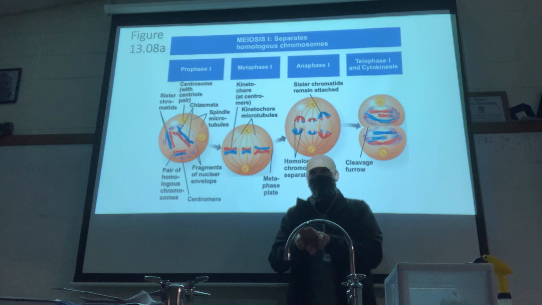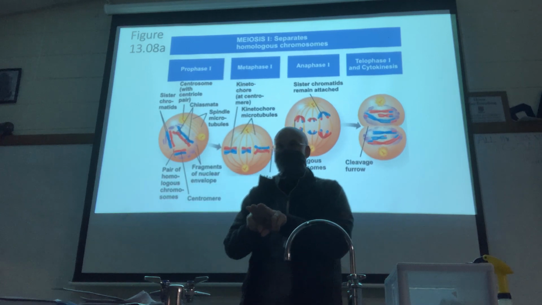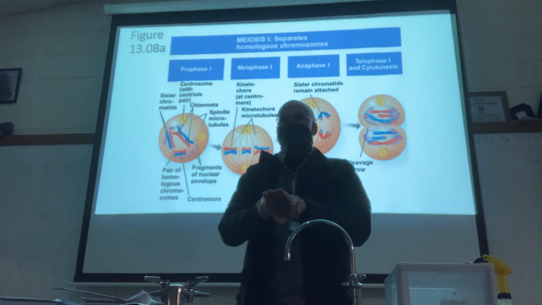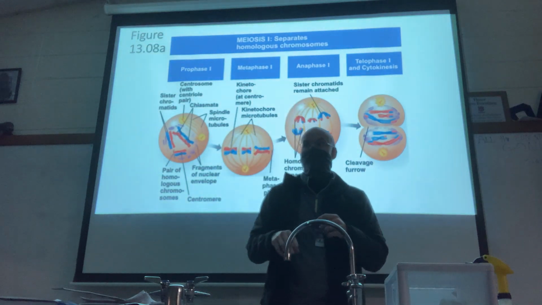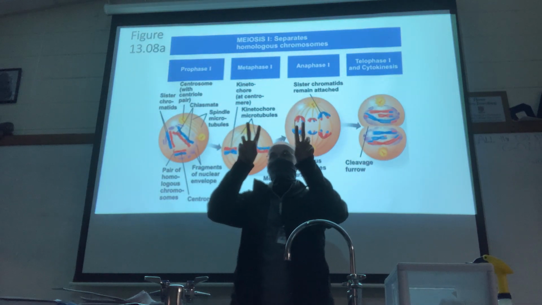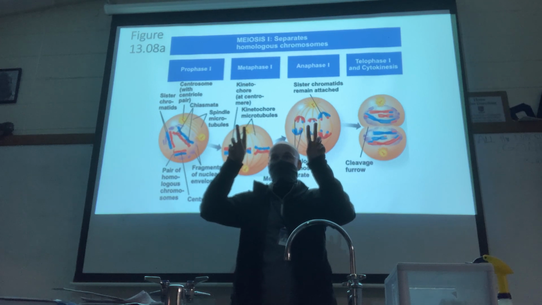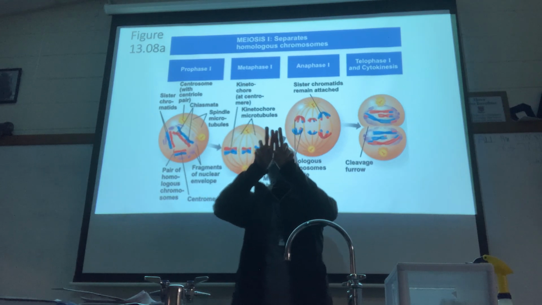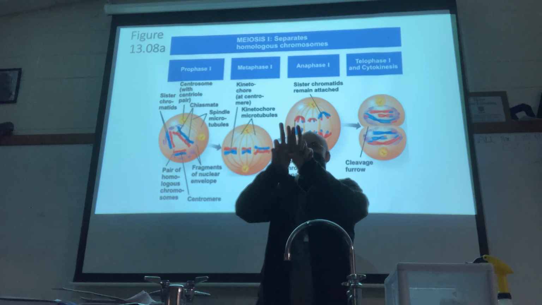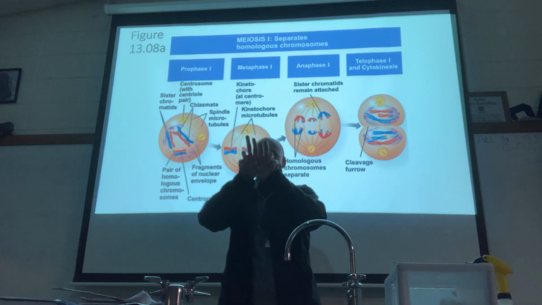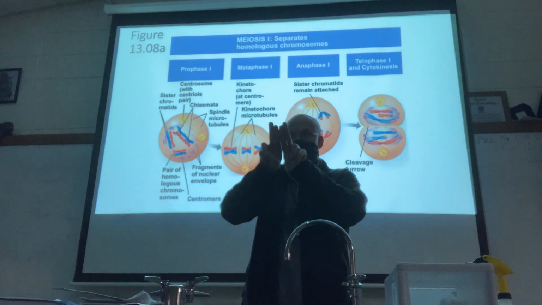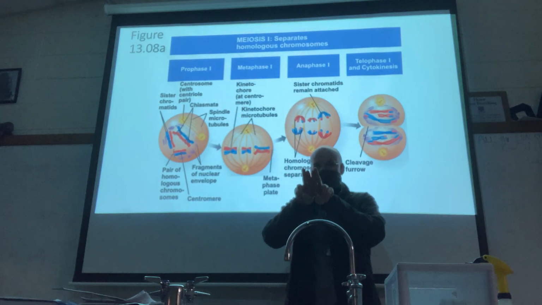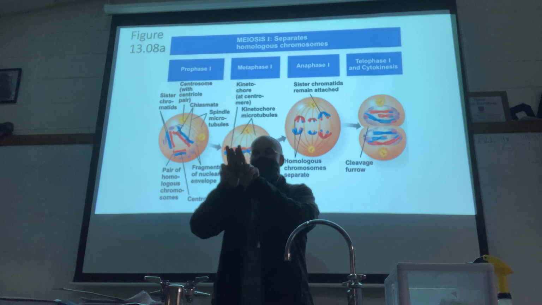Kind of like the game Tetris. What does tetra mean? Four. Two sisters and two sisters of each pair come together, and you have four copies, two from one, two from the other, but they're matching chromosomes. They carry the same genetic information, same genes.